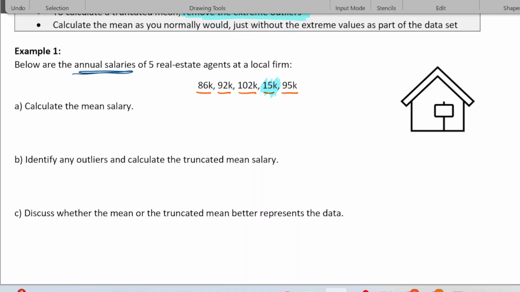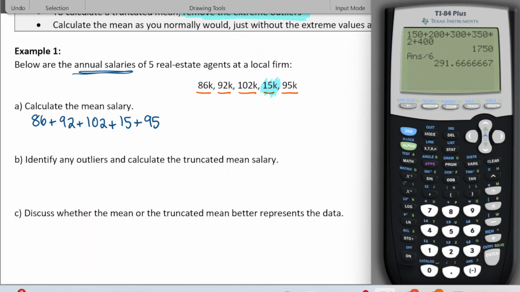So let's calculate the mean and then we'll do the truncated mean. So for the mean, we would add up all of the salaries. 86,000 plus 92,000 plus 102 plus 15 plus 95. Let's do that on our calculator. So 86 plus 92 plus 102 plus 15 plus 95.